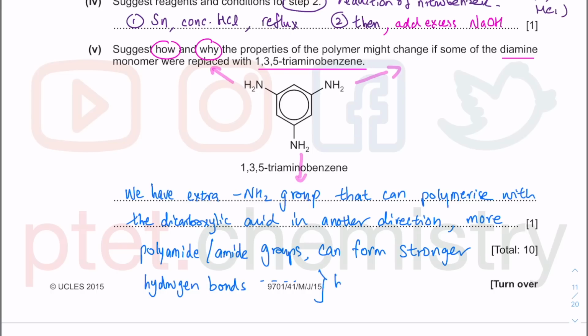So perhaps you can say higher boiling point, perhaps higher solubility. These are just suggestive kinds of questions, how and why. I'm just thinking about more of that polymer extending in the other direction. They can form hydrogen bonds, more soluble in water due to hydrogen bonding with water, higher boiling point because of stronger hydrogen bonds between different chains of the polymer, between different molecules of the polymeric chain.